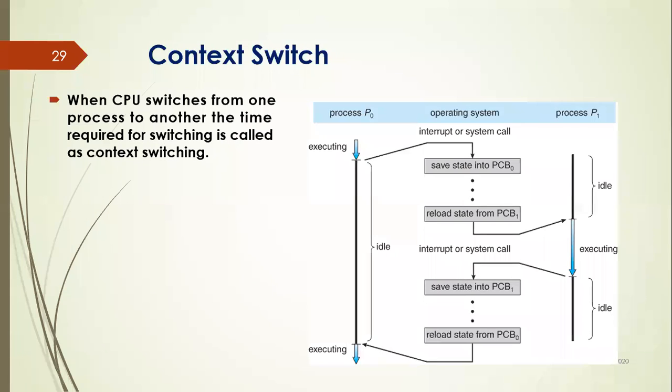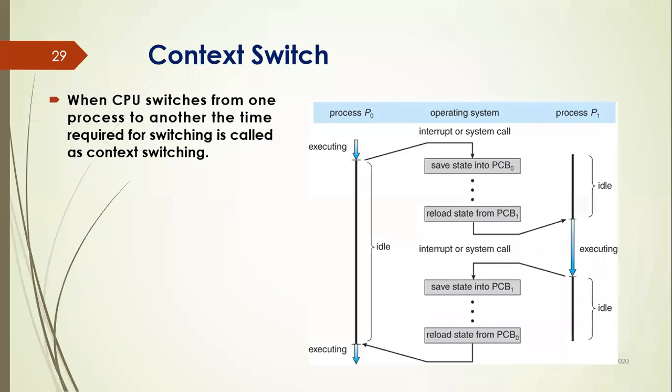Here I have given the example of process 1 and process 2, that is P0 and P1. When you are executing P0 and, in between, you switch to P1, then we save the state in PCB0, which is the PCB for P0.